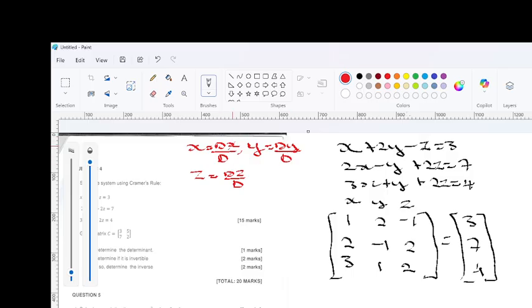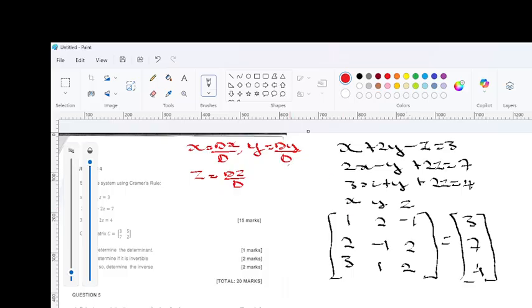So we need to find first the determinant for the whole system, and the determinant of x, the determinant of y, and the determinant of z. Now how do you find the determinant for the whole system? Let's take a look at what we have there.